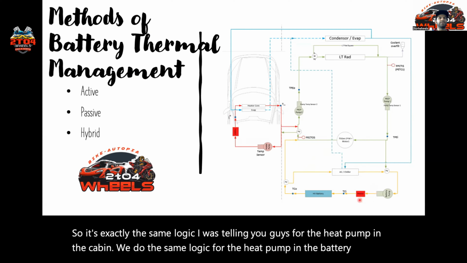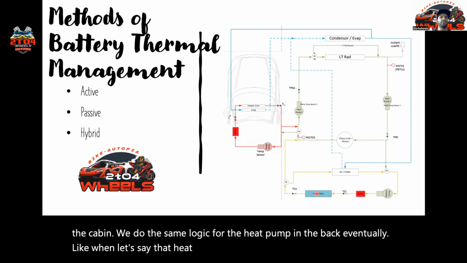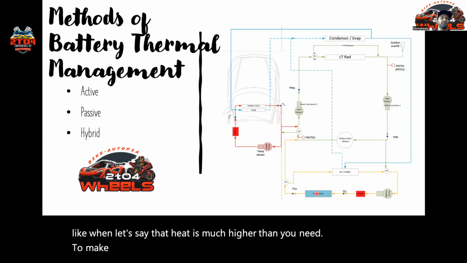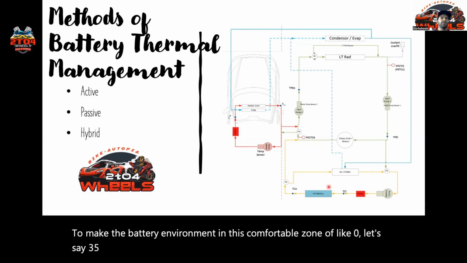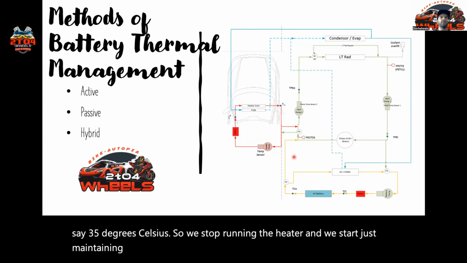Eventually, when the heat is much higher than we need, we make the battery environment be in this comfortable zone of 0 to, let's say, 35 degrees Celsius. So we stop running the heater and we just maintain the temperature of the coolant so that we are in this optimum zone.